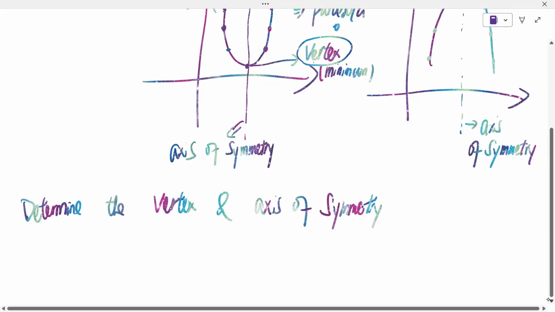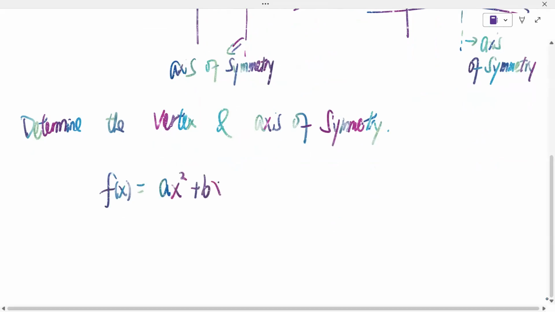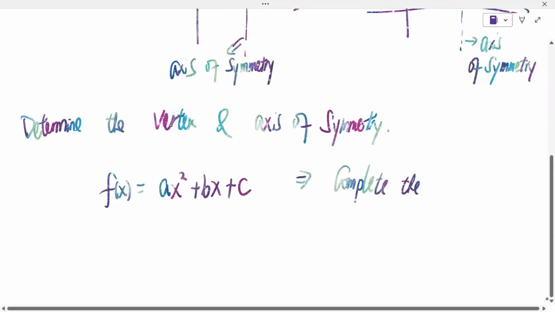So let's start with the function f of x. Let's start with the general form. Later, we're going to look at some examples and learn how to complete a square. The method we are using is called completing the square.